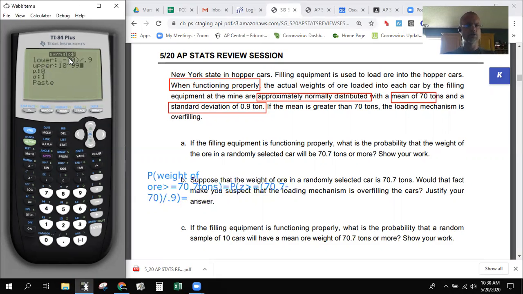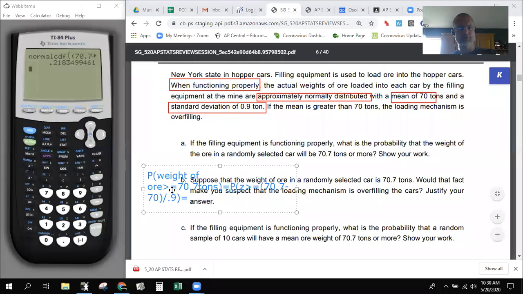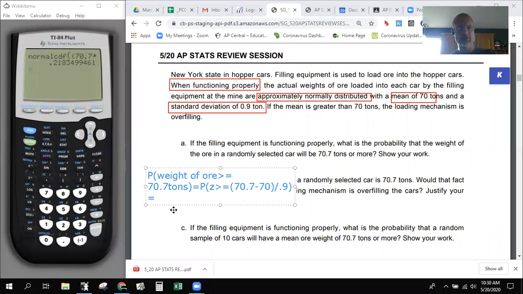And that's a z-score, so I turn that into a z-score there. It'd probably be a good idea to put the z-score there, but now I'm going to go down, paste, hit enter, so 0.2183. Now, I'll show you the accompanying drawing that I think you should make here to support your answer, 0.2183.